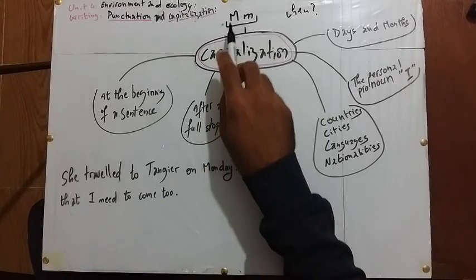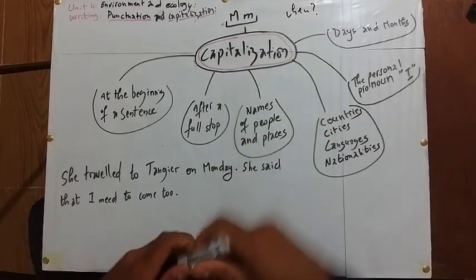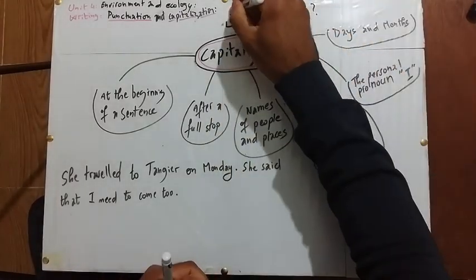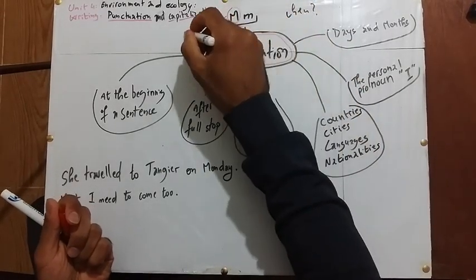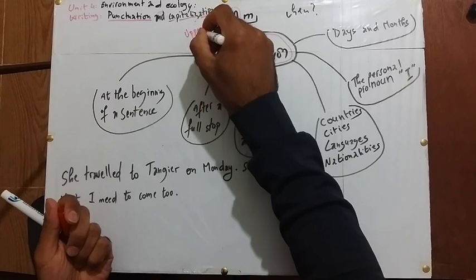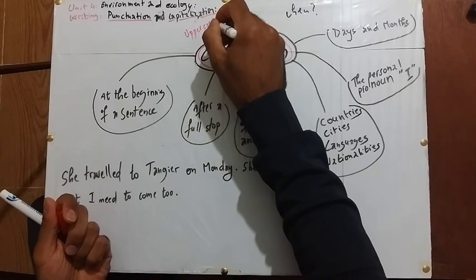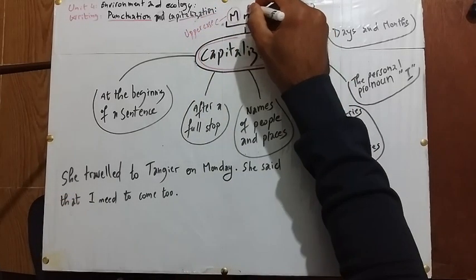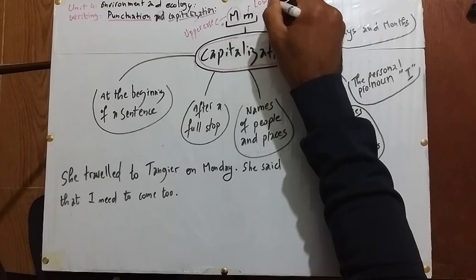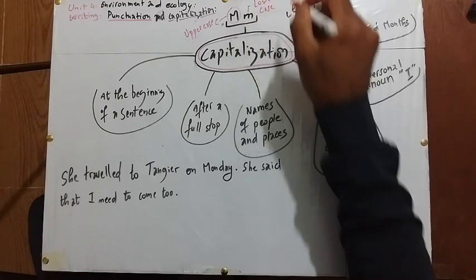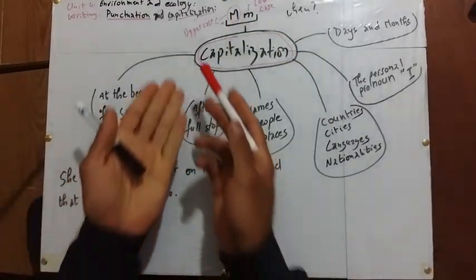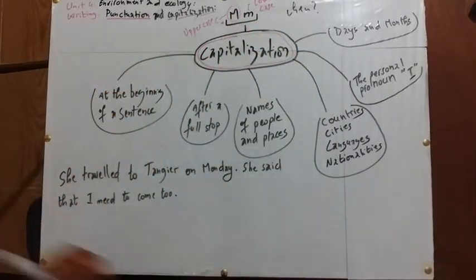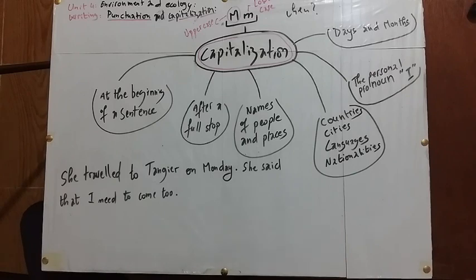Okay, first, this is a capitalized letter, and we say this is uppercase. And this one is lowercase. So this one is the capitalized letter, the uppercase letter. Fine. So when do we use a capitalized letter?